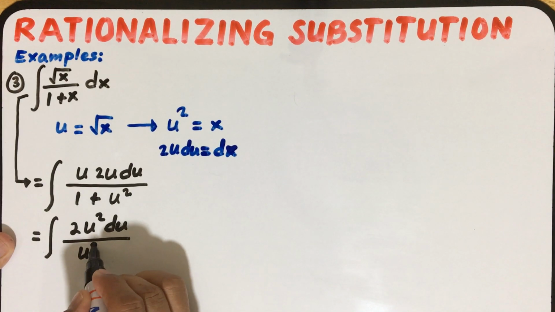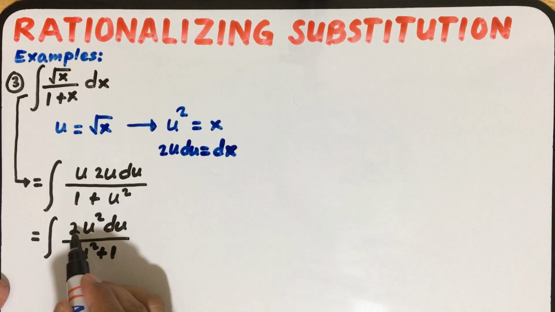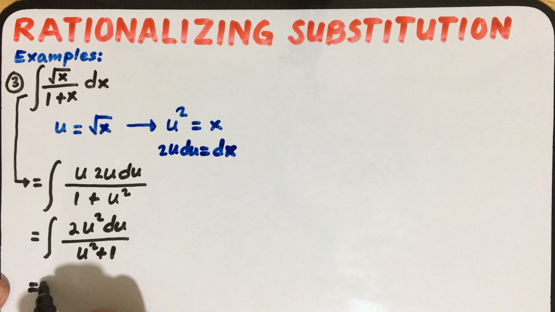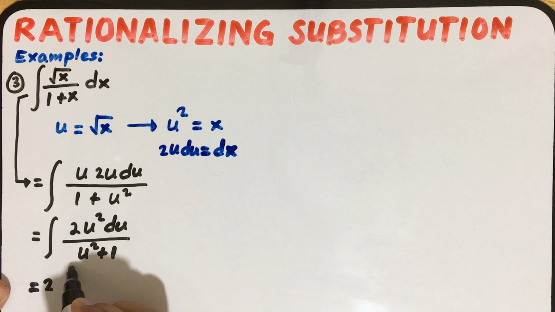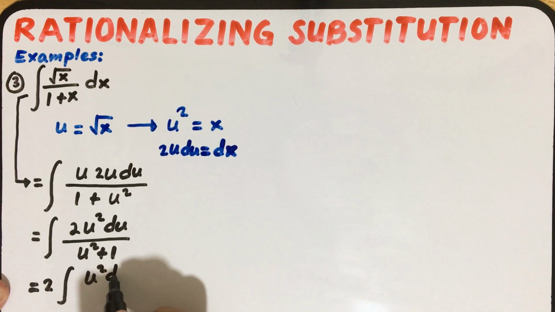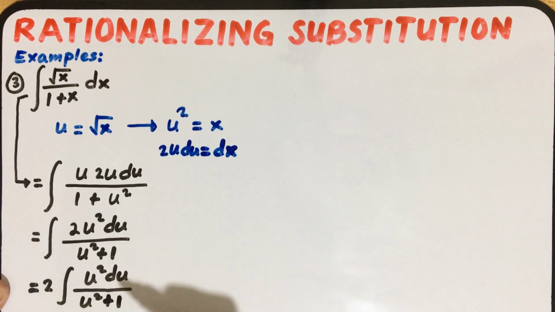Because that is addition, so u squared plus 1. Okay, we have a constant here, so we can put the constant outside this integral sign, so 2 times the integral of u squared du divided by u squared plus 1.